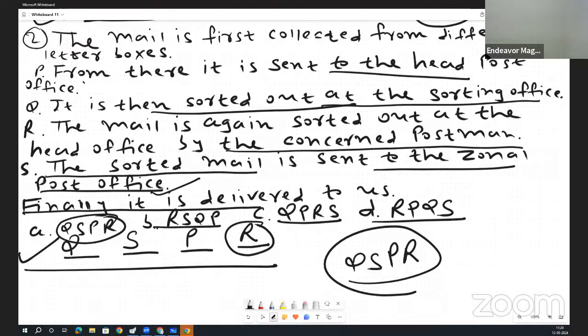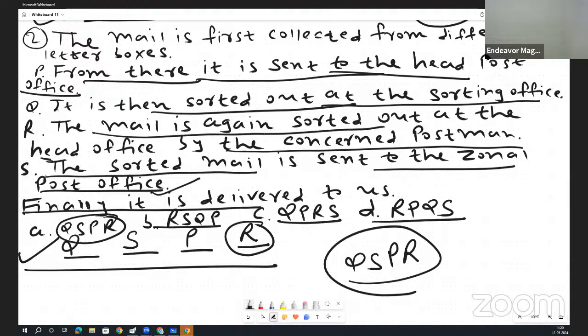Then from there it is sent to the head post office. And then the mail is again sorted out at the head office by the concerned postman, and then it is finally delivered to us. So the right sequence is QSPR. I hope, students, it is getting clear to you.